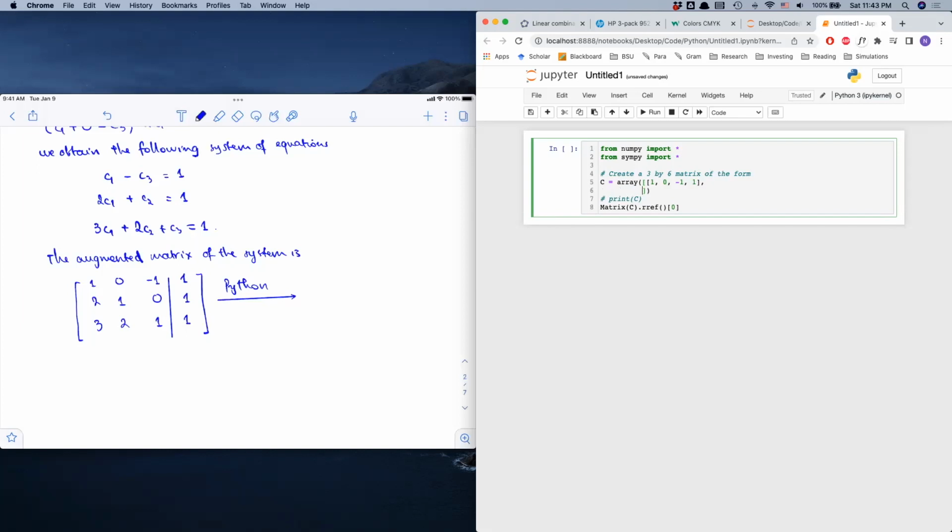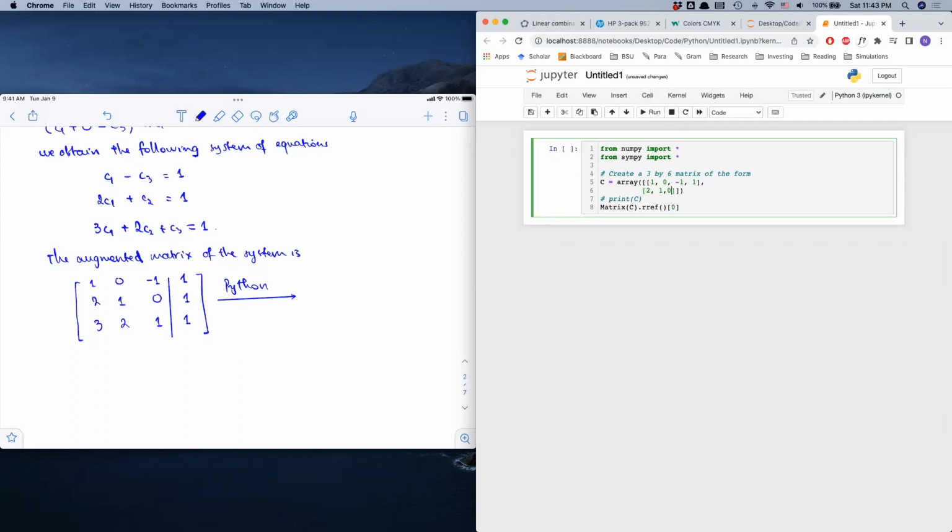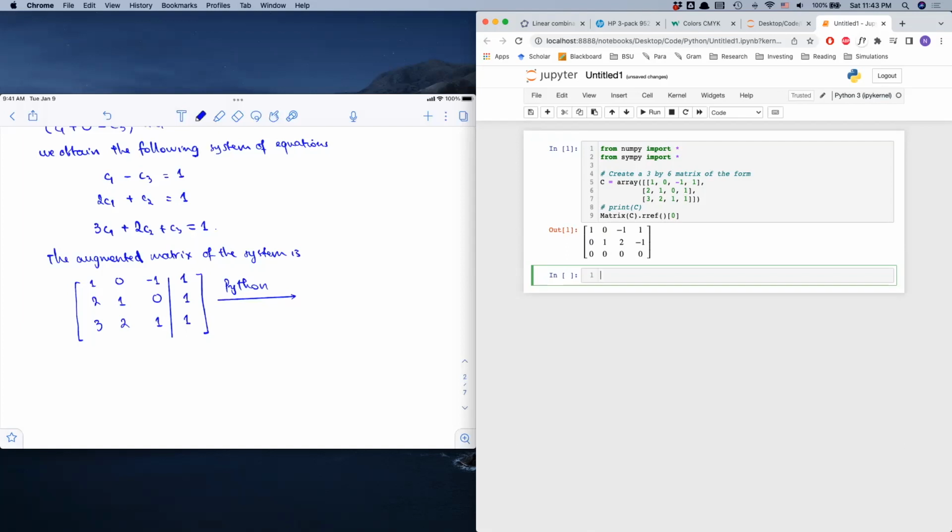Hit enter to go to the next line, open and close another bracket. The entries on the second row are 2, 1, 0, 1. Separate the second row and the third row with a comma, then go to the next line, open and close bracket. The entries are 3, 2, 1, 1. Okay, now just hit shift enter and it will produce the reduced row echelon form.